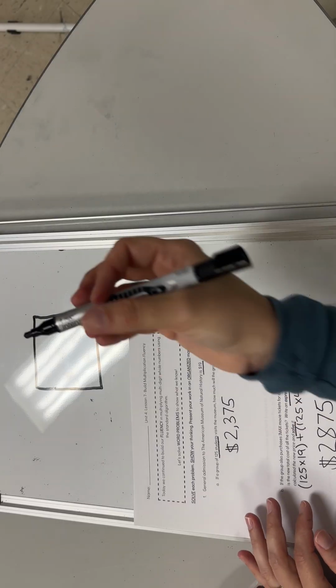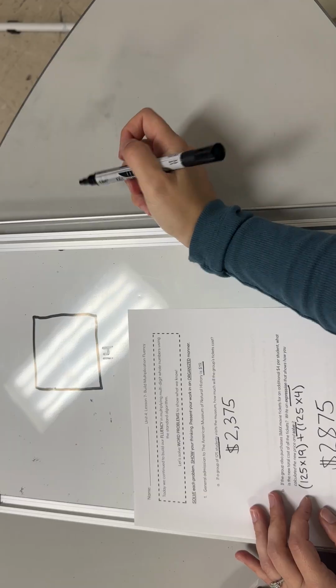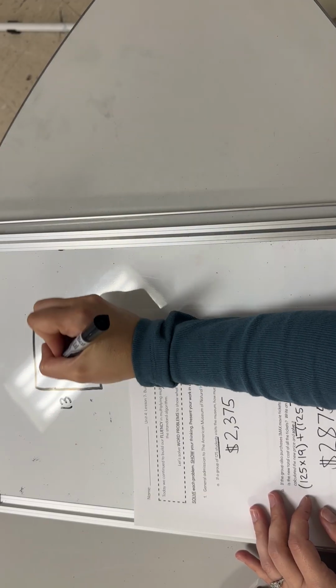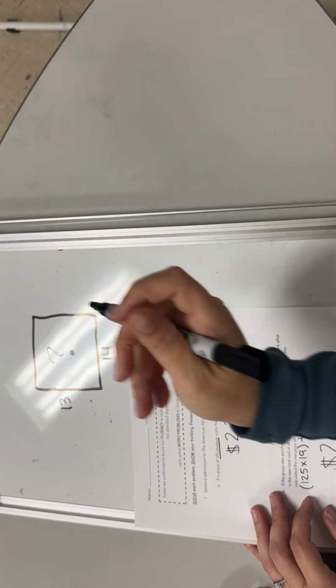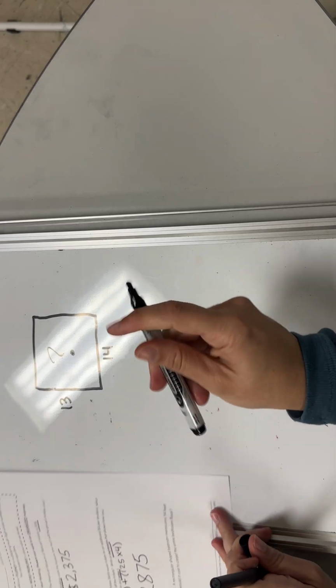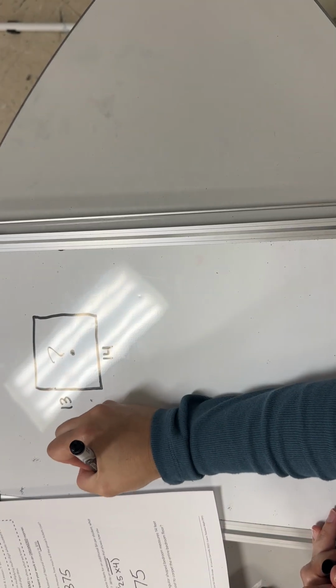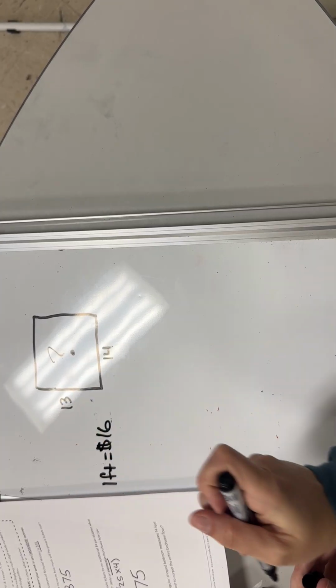And I know that it is 14 feet long and it is 13 feet wide. And I need to know how many total feet I have in order to figure out the cost of the floor. I know that 1 foot, and I'll kind of make a note of this, 1 foot costs me $16.